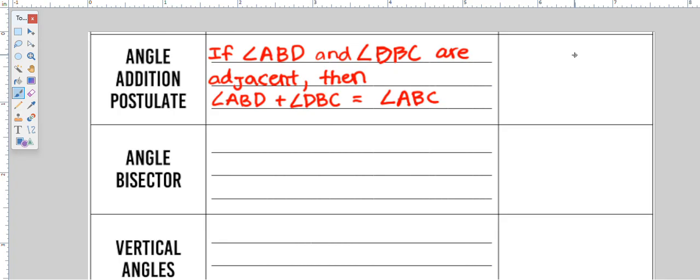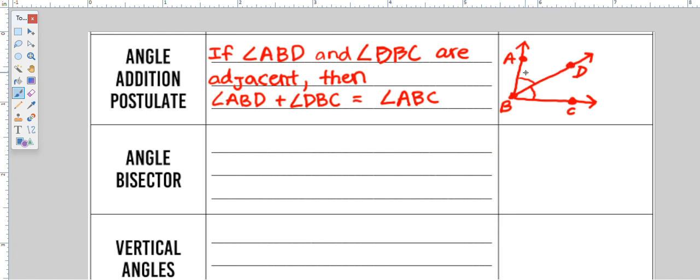So what I mean by this is if I have two angles, we're calling this one ABD. This is B, this is A, this is D. And then I also have angle DBC. I have these two smaller angles that you see here.